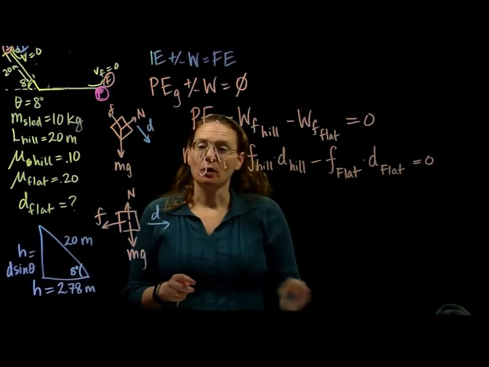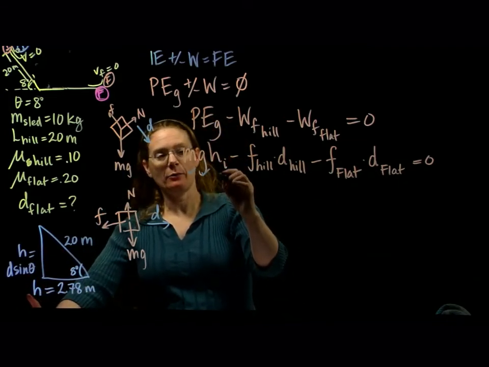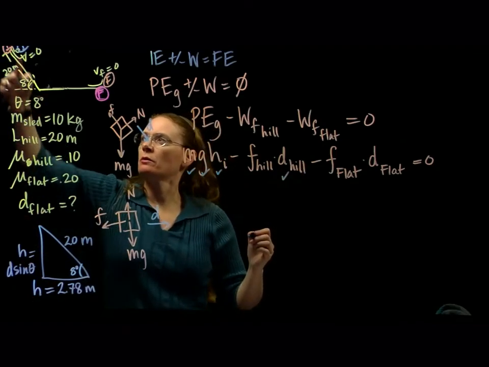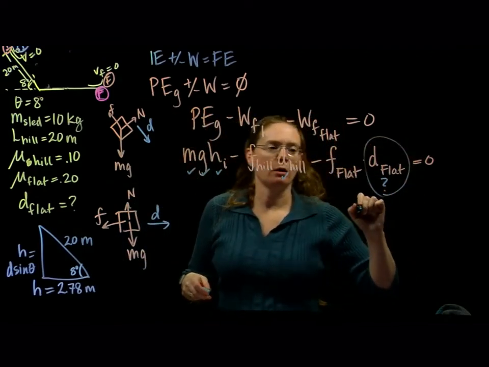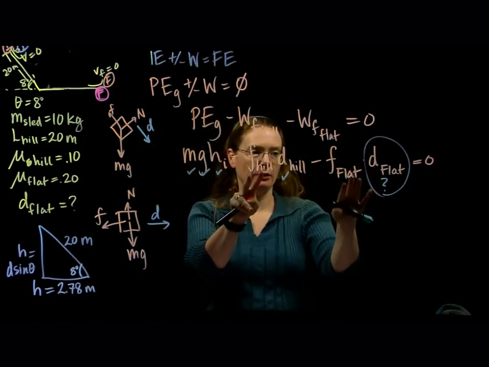What do we know? We know the mass, we know gravity, we can figure out the height just like we did here. We know the distance traveled along the hill, that was our 20 meters. The distance along the flat, that's what we're looking for, this is our question mark. We need to know what the friction is on the hill and what the friction is on the flat.